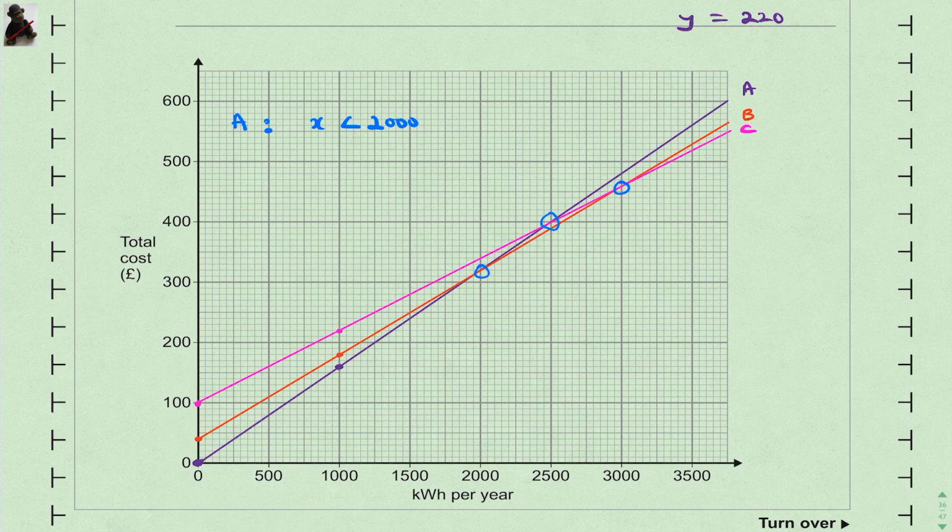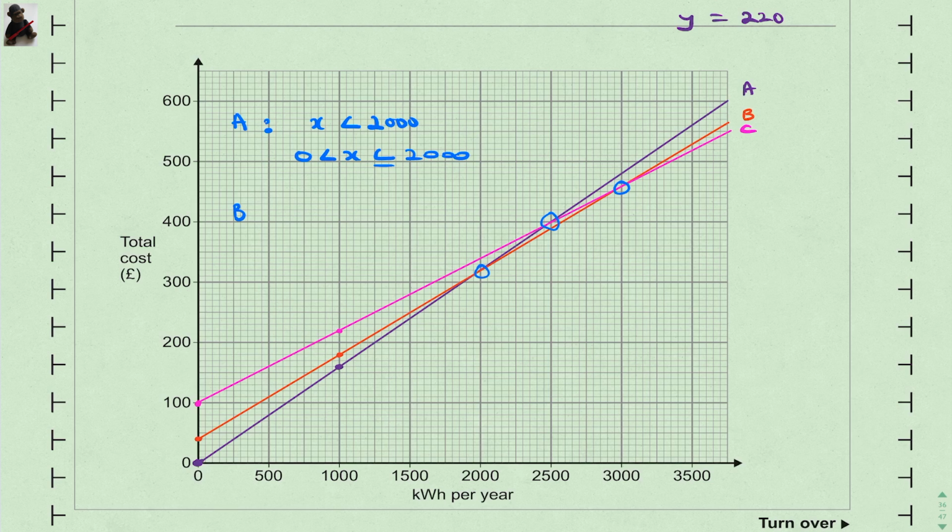So when x is less than 200, tariff A is better. So that means the range will be 0 is less than x is less or equal to 2000. Sorry, not 200, 2000. So that's tariff A.